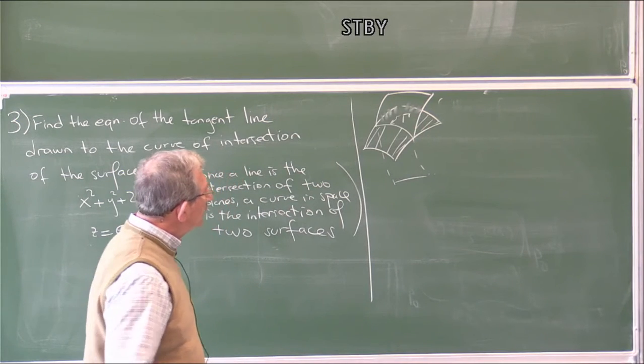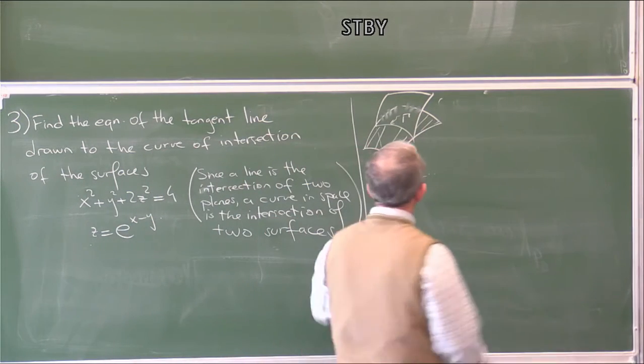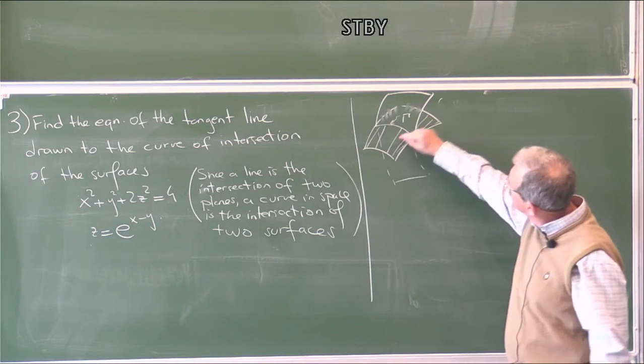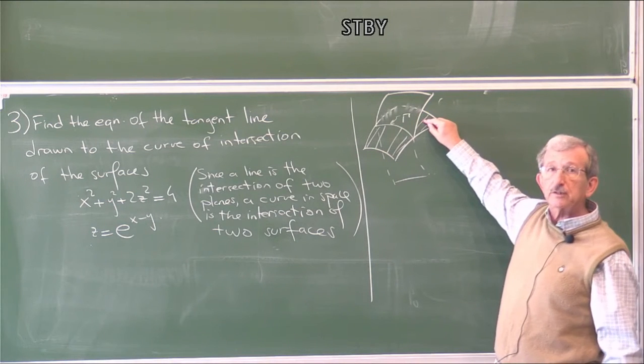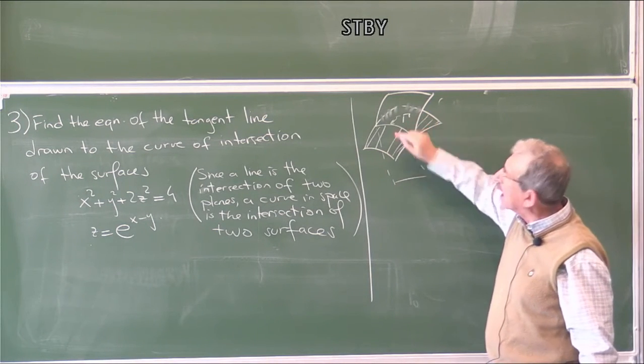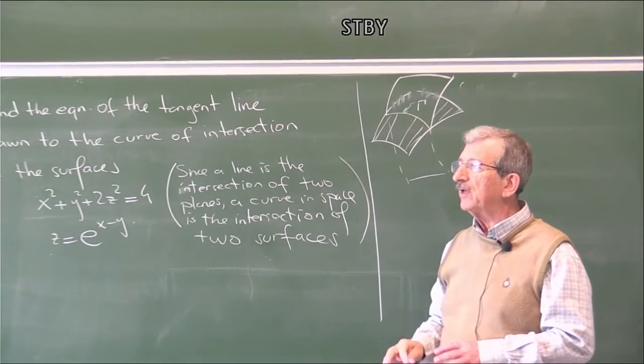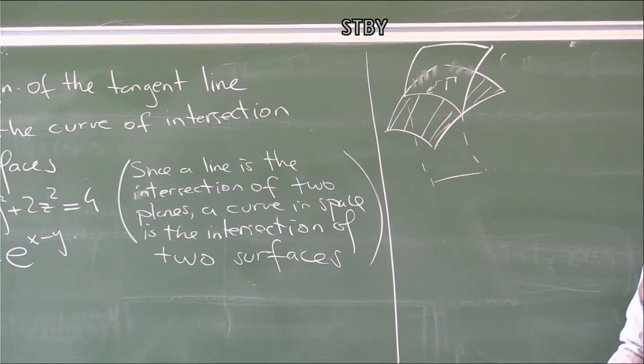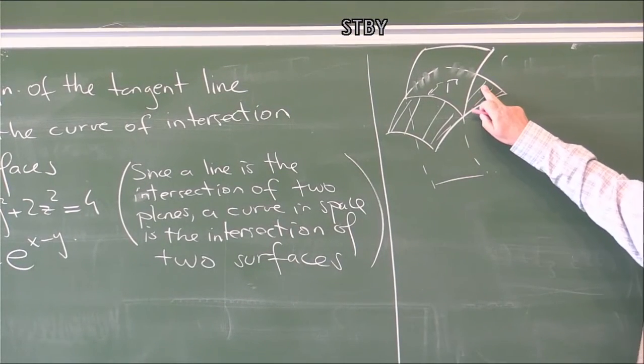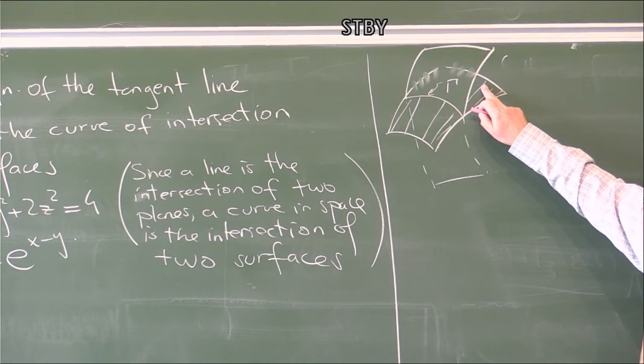Now, we see that because this curve is on this shaded surface, its tangent line must lie on the tangent plane drawn to this surface. Okay.